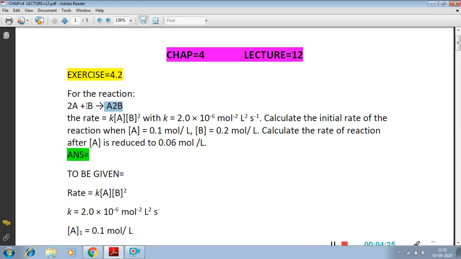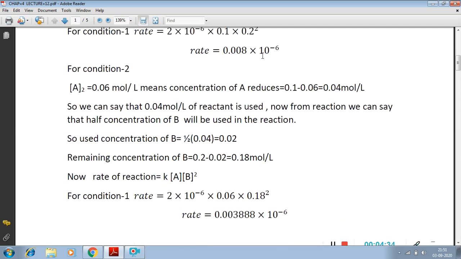Means the requirement of component B is half that of component A. So if we use 0.04 mole per liter of compound A, then half of that will be used of compound B. Here I have written, used concentration of compound B is equal to 1/2 into 0.04, which is equal to 0.02.